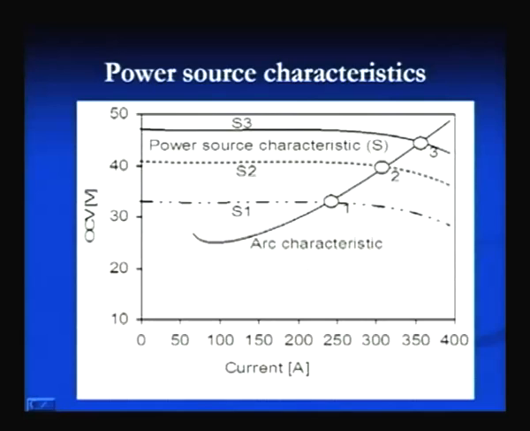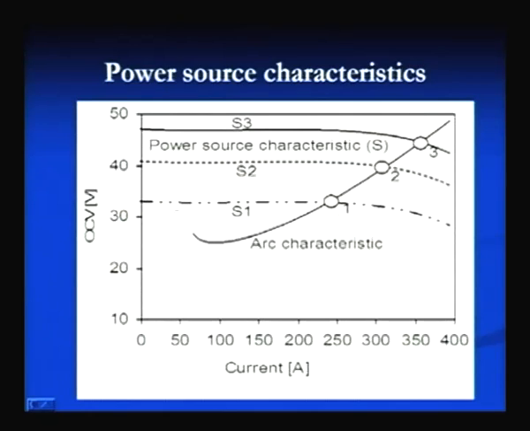We can see how the constant voltage power sources work. Here is the arc characteristic or VI characteristic of the arc, and you can see power sources with three different open circuit voltages. If the open circuit voltage is set somewhere at 32, 42 or say 46, then for a given setting of the open circuit voltage during welding, there will be very little decrease in the voltage.